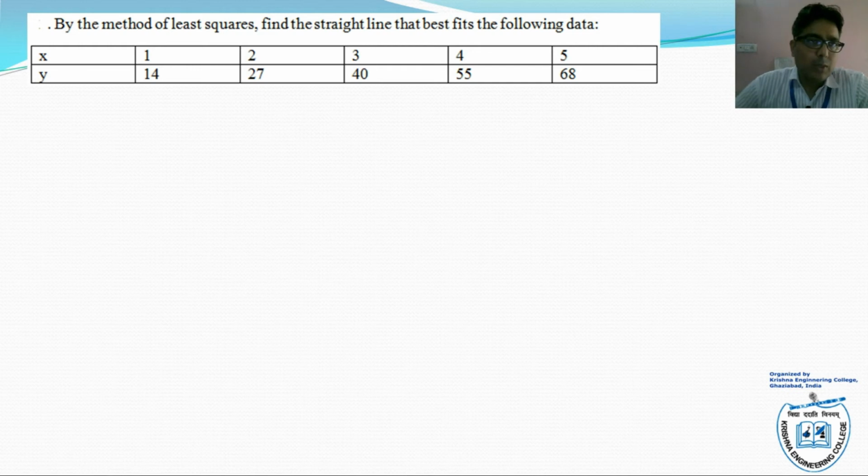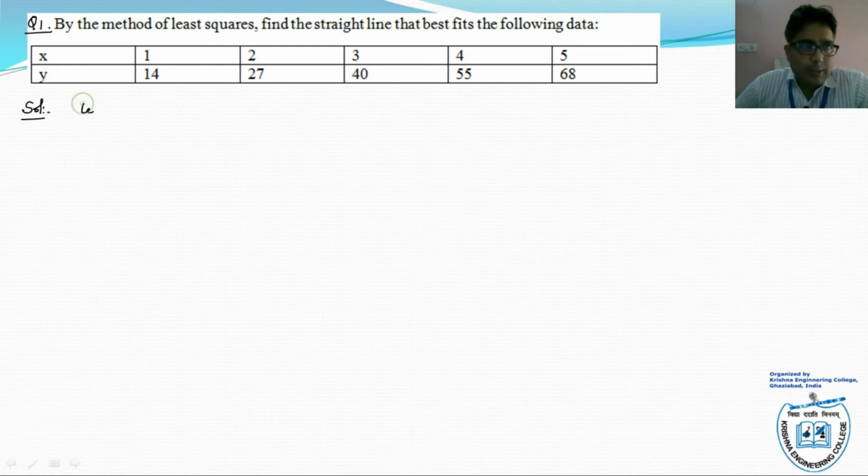This is question number first. By the method of least squares, find the straight line that best fits the following data. That means we have to find a straight line in which we want to fit the given data. Clear?